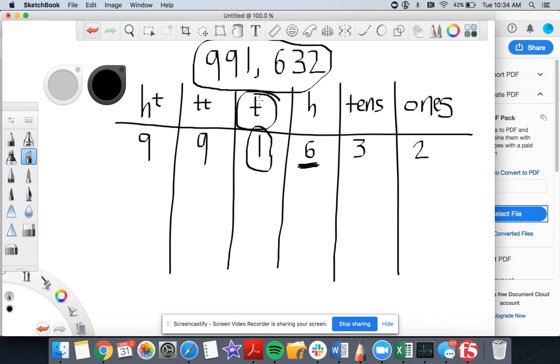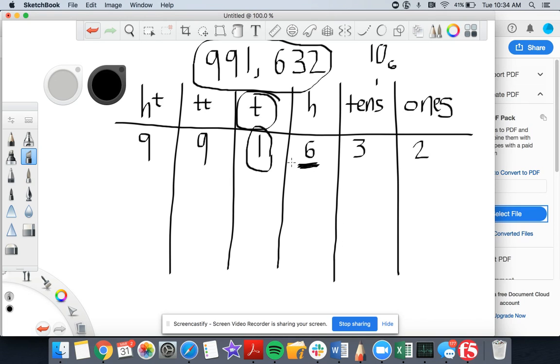And we determine that by deciding if the 6 is closer to the number 10 or if the 6 is closer to the number 1. And from looking at a place value or number line chart, we know that 6 is closer to 10 than it is to 1.